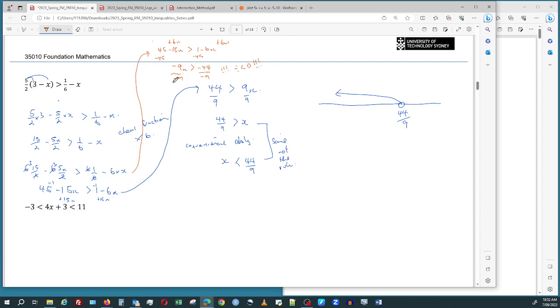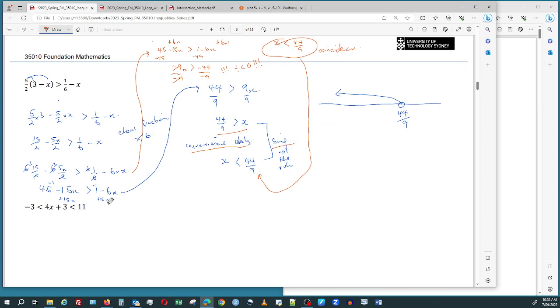So we're going to get the cancelling, but we're going to get x is less than. Now the minus over the minus is a plus, 44 on 9. Okay, so coincidentally, we ended up with the same place, as opposed to ending up here and then being convenient. Okay, so the same, not the rule.